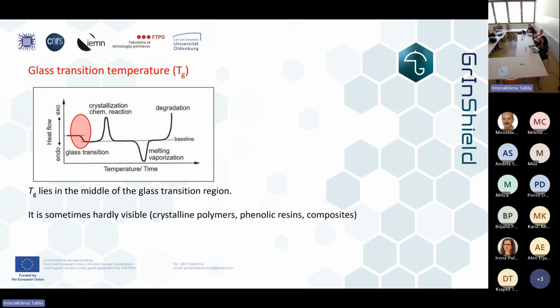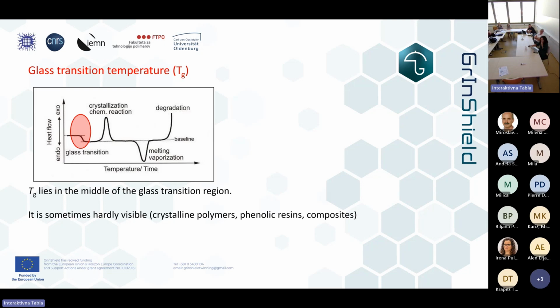Now, if we go to the glass transition, Tg usually lies in the middle of this region. It's a region, not really an instant point. Sometimes you see the glass transition determined to two decimal places, which is really nonsense, but can also be observed.